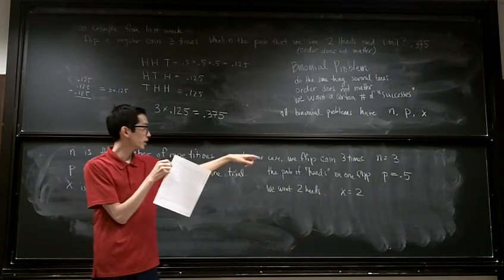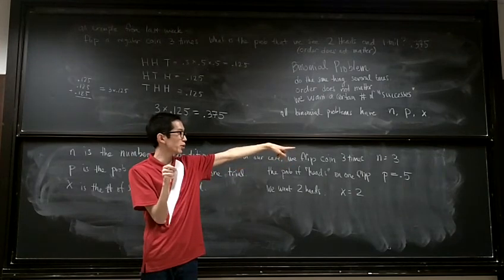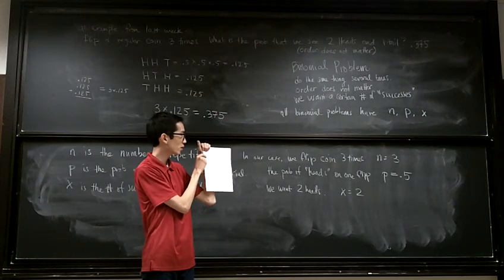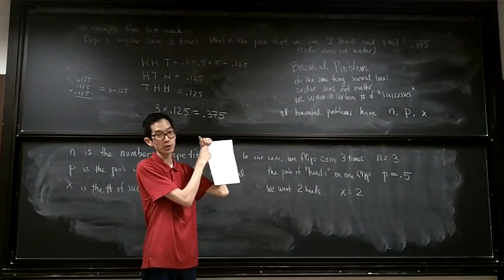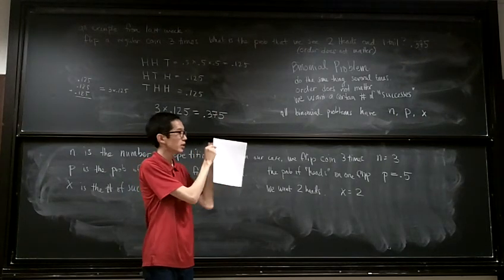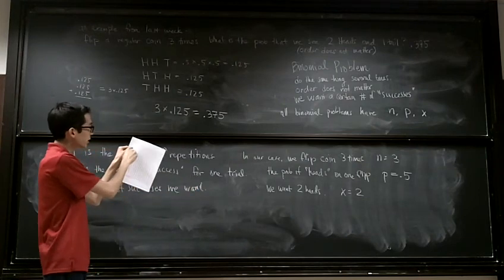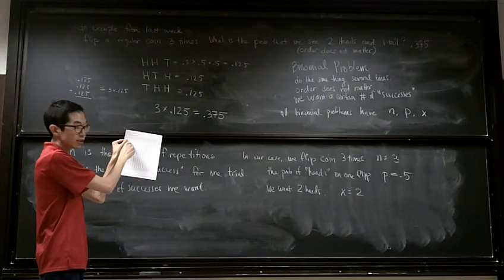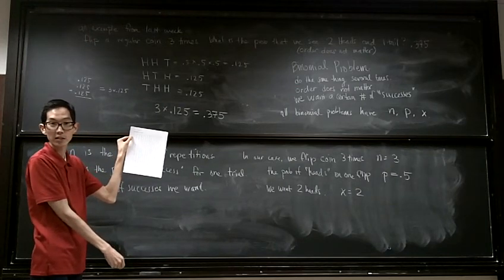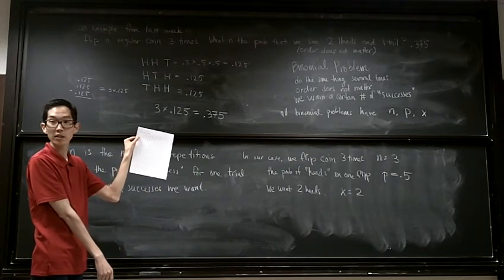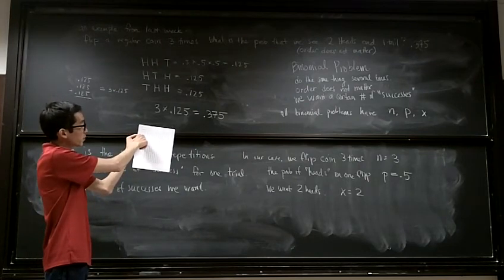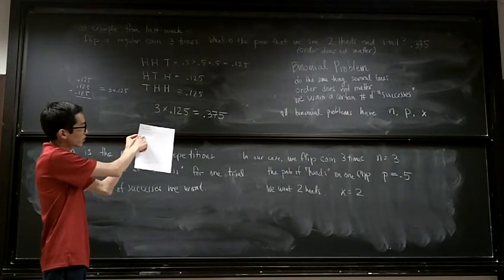When you use this, go in the order N, X, P. The leftmost column is N, so we go to where it says 3. Then you have the numbers in the next column. It goes 0, 1, 2, 3, right? That's for X. You guys see that? So we go to N is 3, and then we go to the row within that section for X is 2.